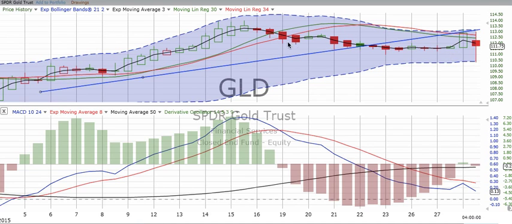Now, if you were in gold, you may have set a sell price, maybe a good till canceled sell order to make money on your inverse fund at a certain percentage gain, or if you were in some type of option, you might have actually made that low and done quite well on it.